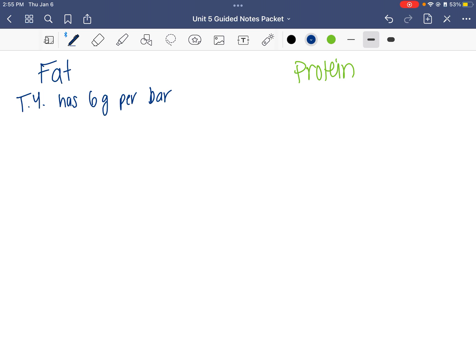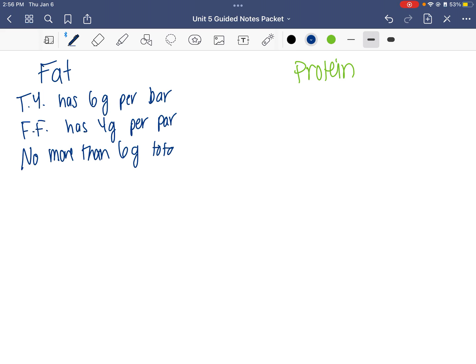And we know that Fantastic Foods, I'm going to call it FF, has 4 grams of fat per bar. We also know that your coach is saying that he wants you to have no more than 6 grams of fat total per snack, right? Anytime you eat a snack, he doesn't want you to have more than 6 grams of fat.